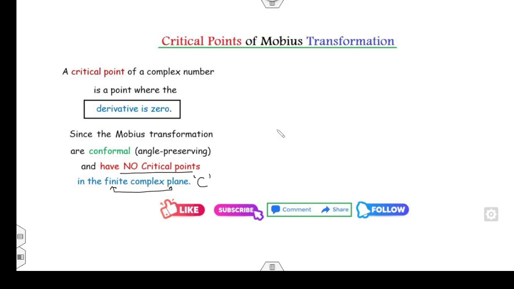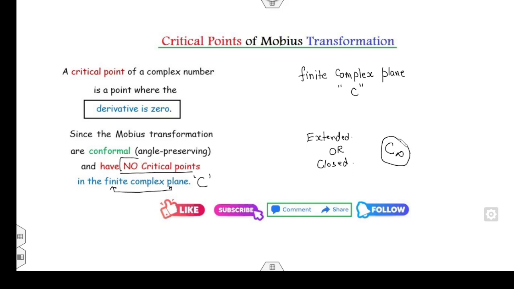That is C. Whenever we are talking about the finite complex plane, we are talking about C. But if we are talking about the extended complex plane or closed complex plane, then we are talking about C union infinity. So whenever we have the finite complex plane, there is no critical point. But if you're talking about C union infinity, then definitely there is a critical point.